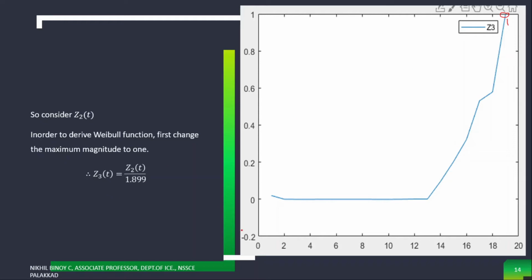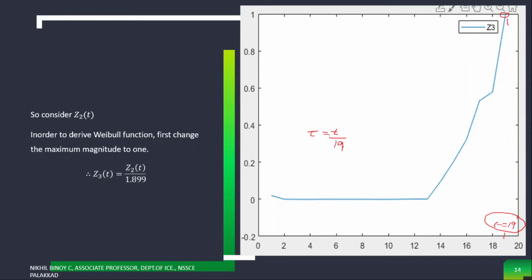Now what is the problem? You can see that the maximum value occurs at t equal to 90. Now we are going to change this time. We are going to shrink this time scale so that the maximum time is 1. In order to convert the maximum time into 1, we shrink this independent variable. For that purpose, I am going to take a new time variable tau, equal to t by 90.